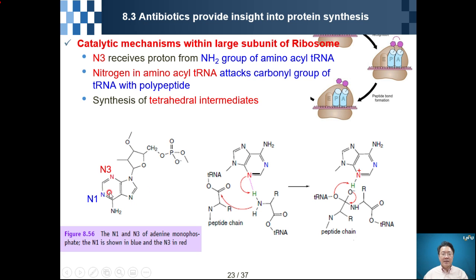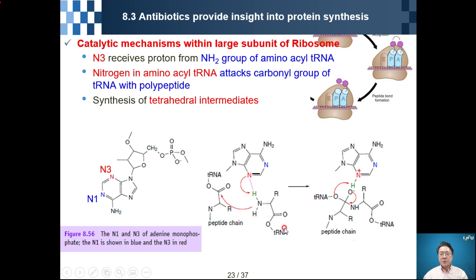In adenine, this blue nitrogen we call the N1 nitrogen, and the red nitrogen we call the N3 nitrogen. In the large subunit, the P site is here. The P site contains the tRNA with the polypeptide. How about the A site? The aminoacyl-tRNA is located here.